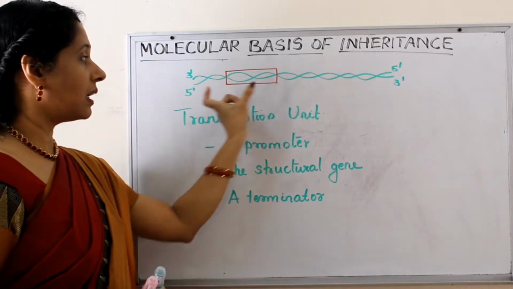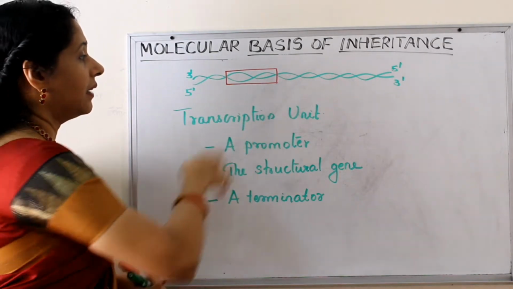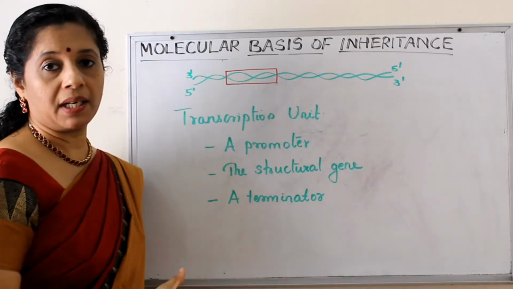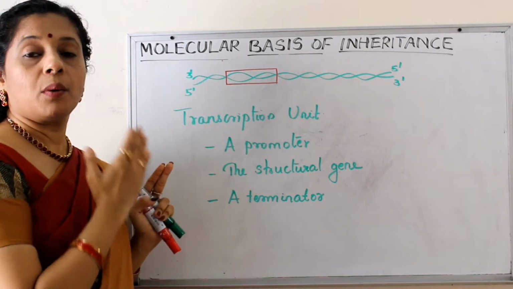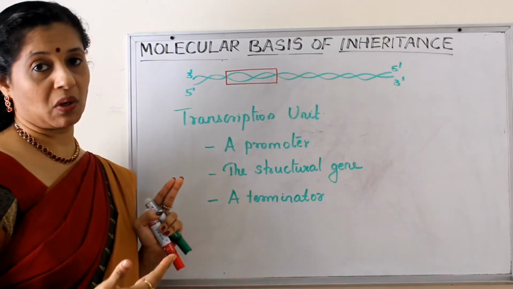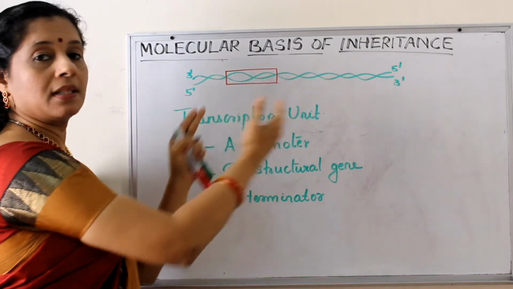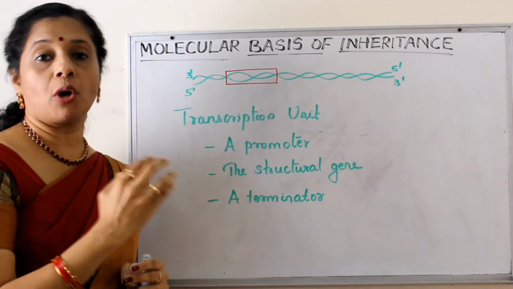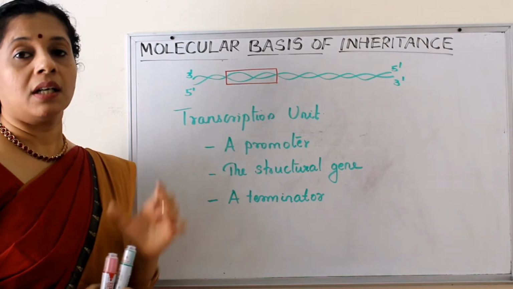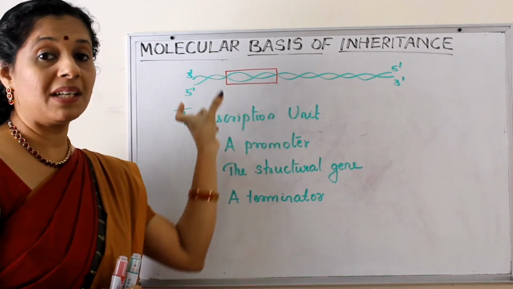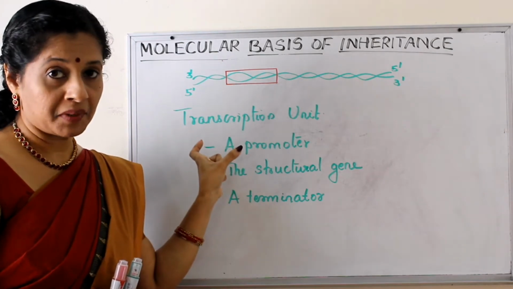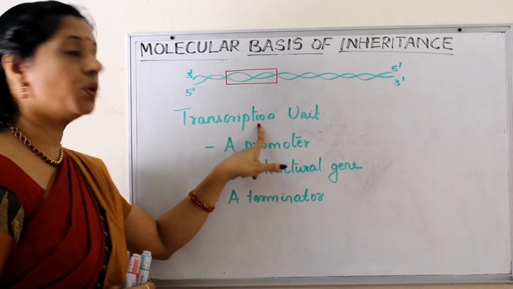So if you see like that, if this part is the gene to be copied, it has a few sequences before that which help in the starting of the process and a few sequences after that to stop the process. So a typical region which is going to be transcribed into RNA is called the transcription unit.